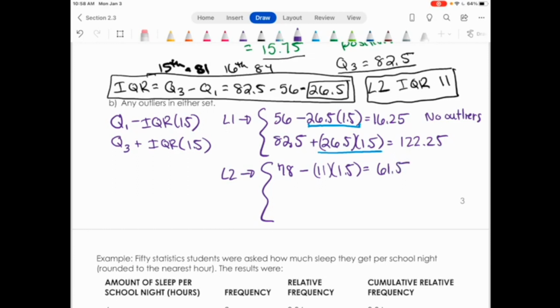Now for L2, for your Q3, you should have gotten 89. And when you add 11 times 1.5, you should get 105.5. So we're looking to see if there's anything that lies below 61.5 or above 105.5. And that will tell us if there's an outlier.